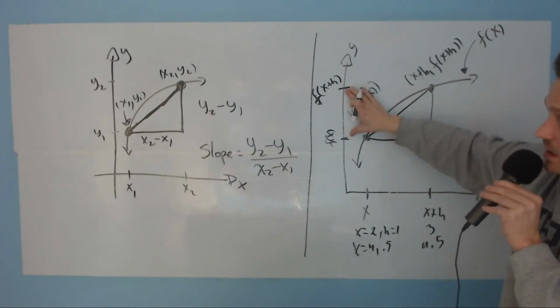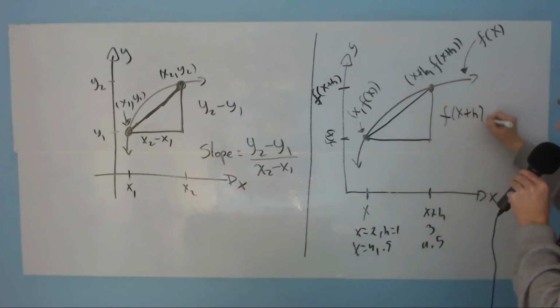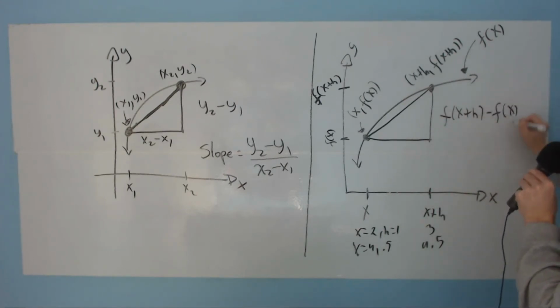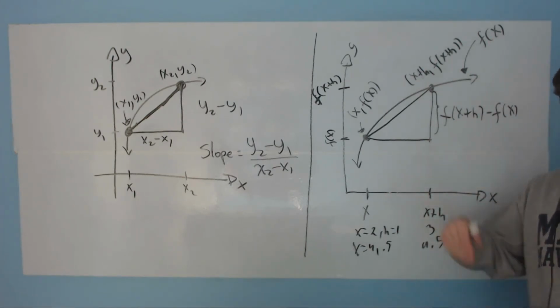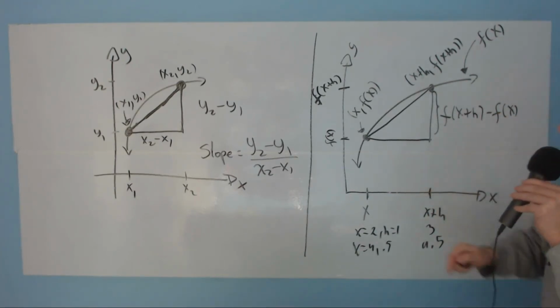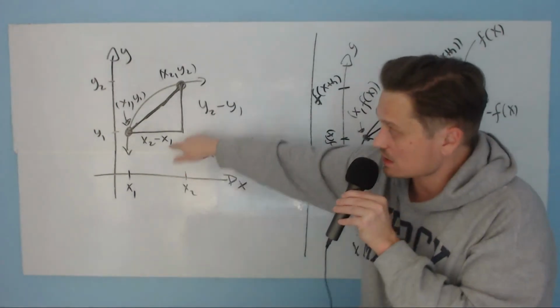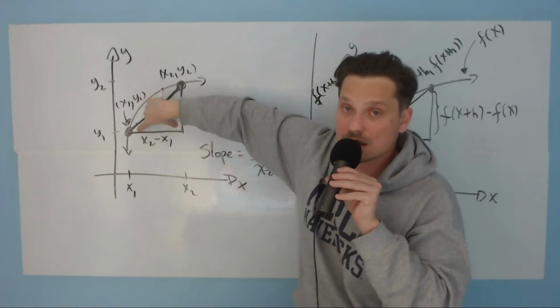That spacing is equal to the following. F of x plus h minus f of x. So this space right here, f of x plus h minus f of x. That's the difference part of the phrase difference quotient, because difference indicates you're subtracting. Then back here, we had x2 minus x1 in the bottom, this space right here, where my fingers are.